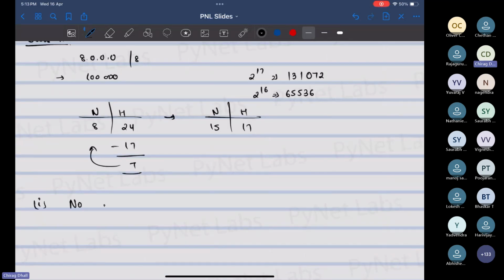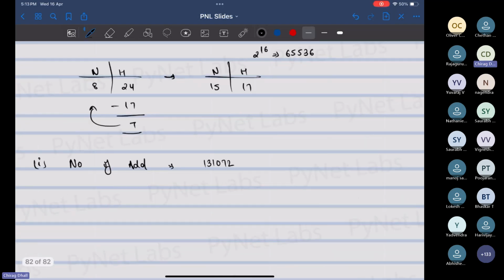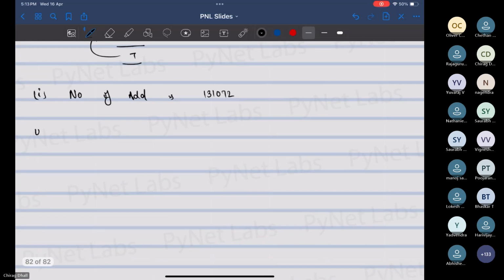Number of addresses is equal to 131072. Number of networks is equal to 2 raised to the power 7, that is 128. 7 is the borrowed bits, right?